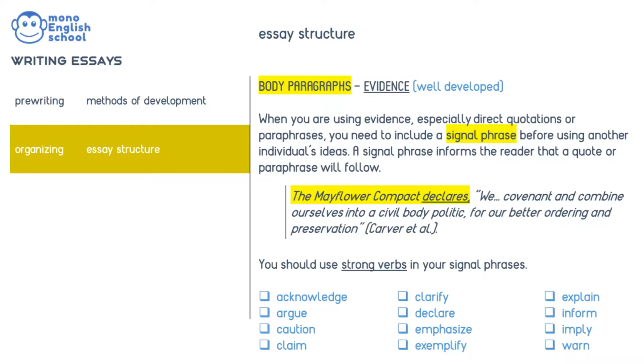In our example, the signal phrase is highlighted. The Mayflower Compact declares. A comma is placed following the signal phrase, and then quotation marks are used to surround the quoted text.